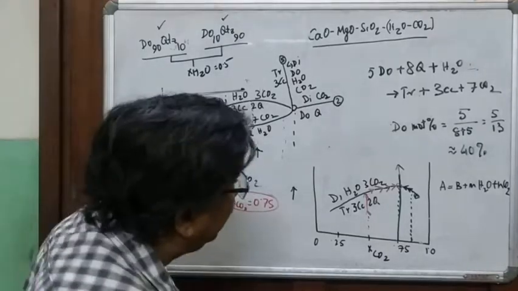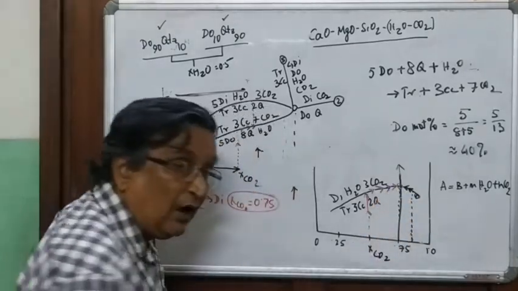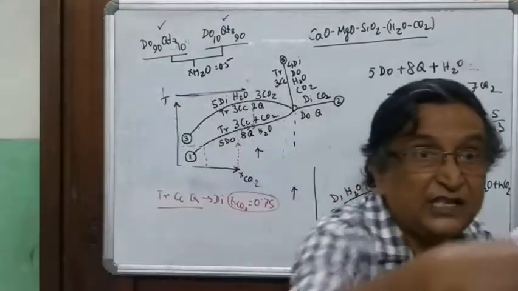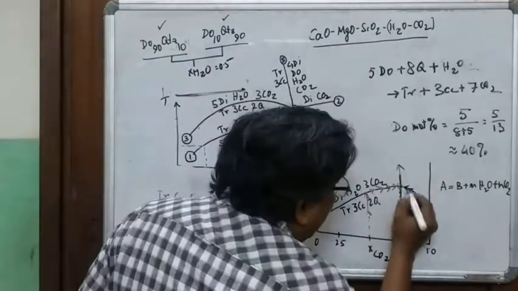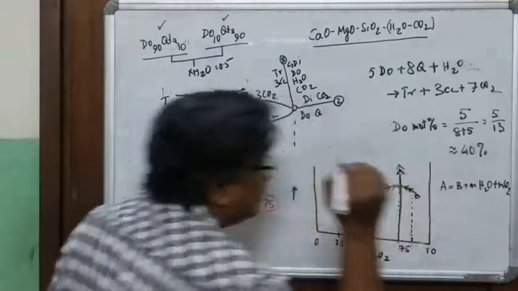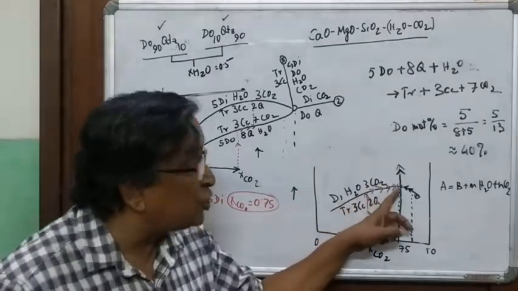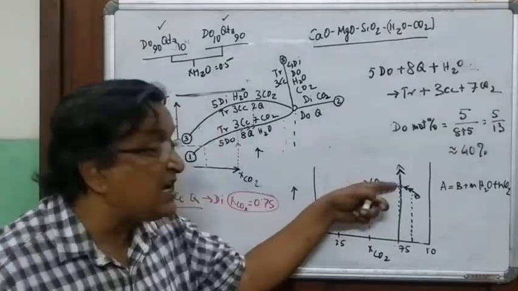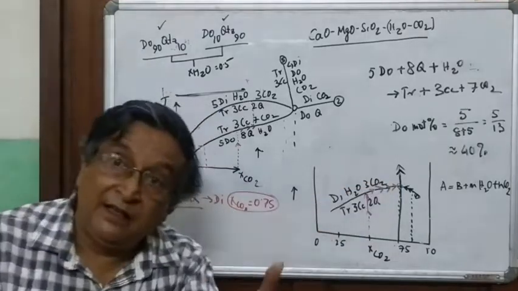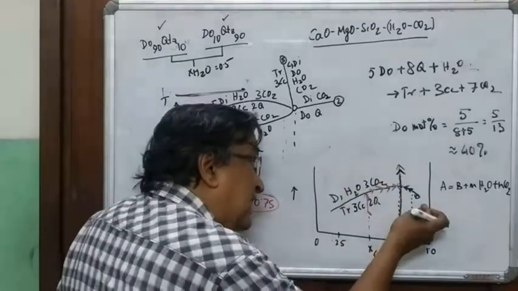So what will happen as you reach here? You can't go down because you're heating the rock, progressive metamorphism. You can't go down temperature, and so this way you're going to go up. The same path that another rock took to reach here by becoming more carbonic, this path can be taken by this rock as well.